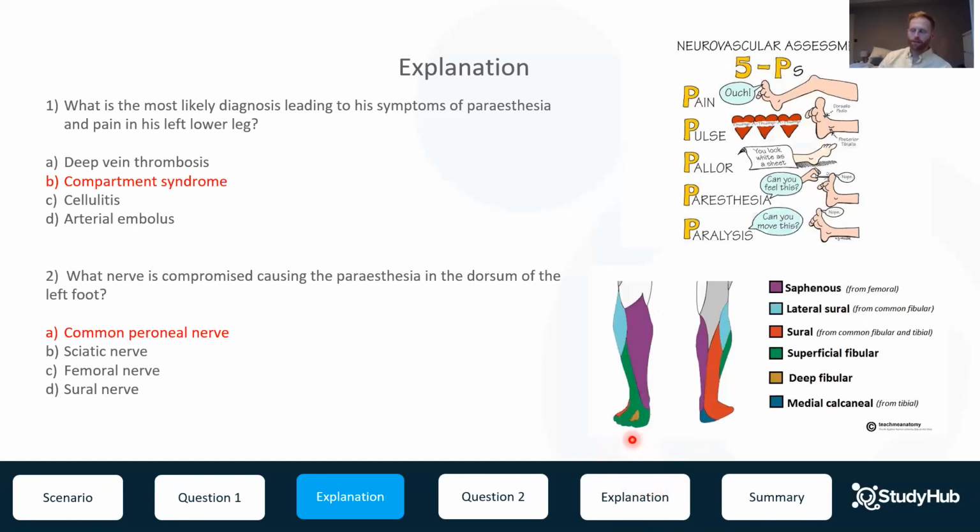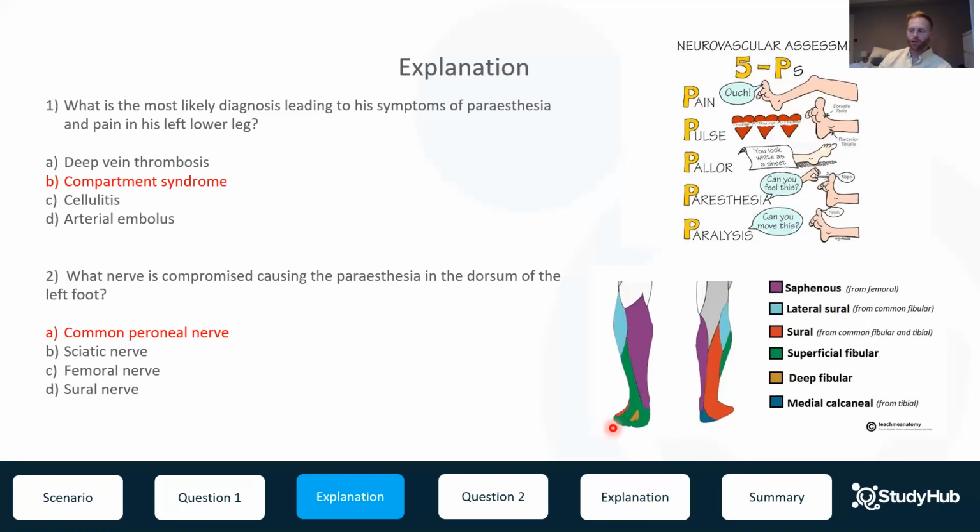So if you get paresthesia or complete loss of sensation over the whole dorsum of the foot, it's likely that the common peroneal nerve has been damaged, or that the compartment syndrome is fairly high up in the leg, so it might well be in more than one compartment. The common peroneal nerve comes around the head of the fibula.